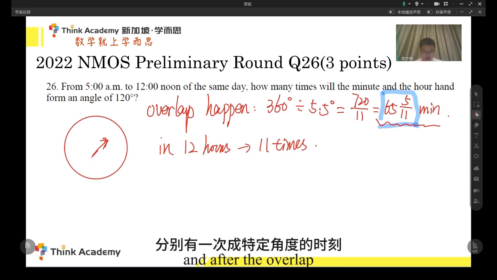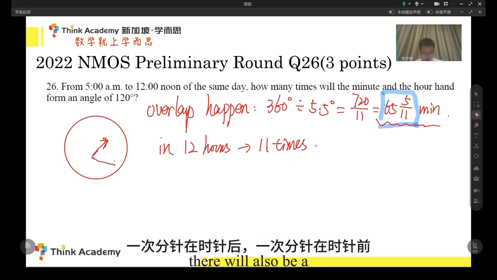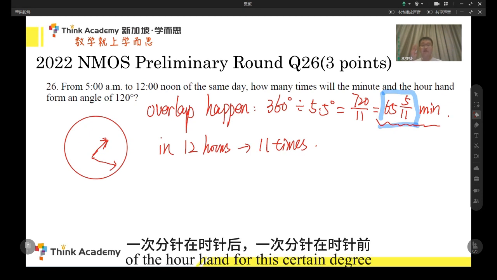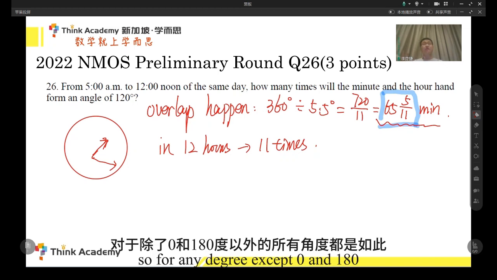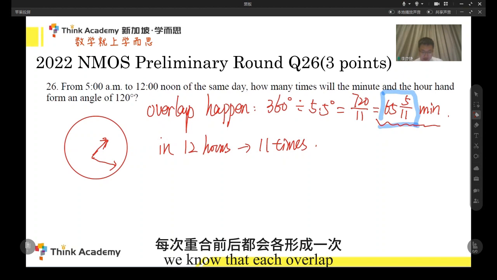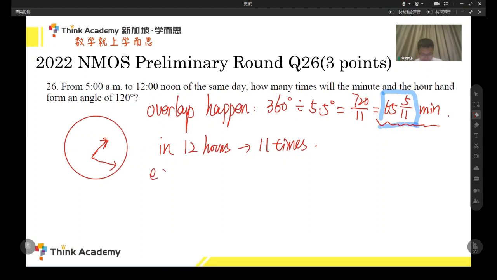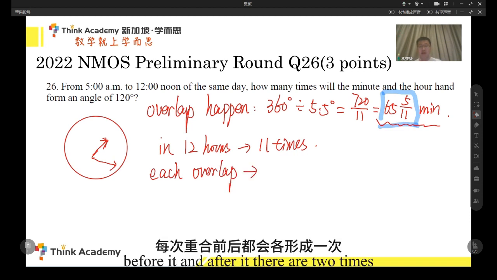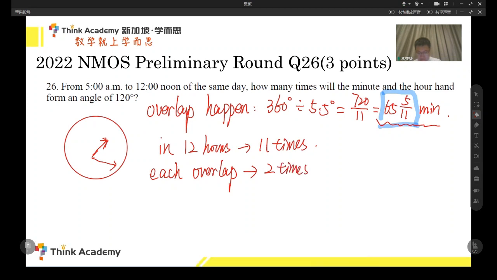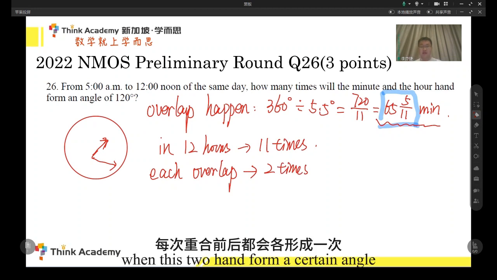And after the overlap, there will also be a moment that the minute hand is ahead of the hour hand by this certain degree. So for any degree except for 0 and 180, for each overlap, before it and after it, there are 2 times when these two hands form a certain angle.